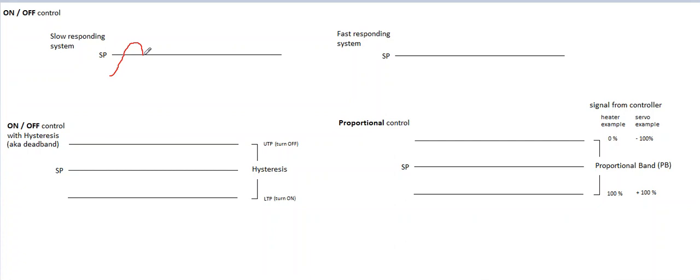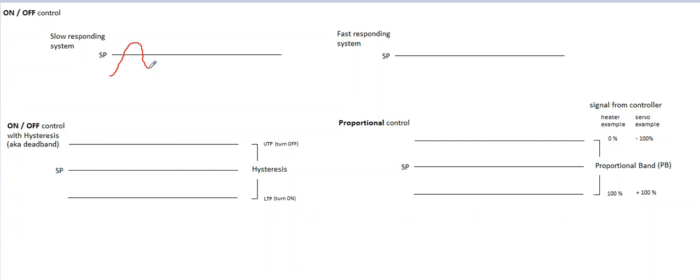As soon as you get to the set point and go under the set point, this type of control would be comparing that feedback to the set point and say, okay, turn on the heating element. And of course, the thermal mass and the inertia would carry it maybe under a little bit.